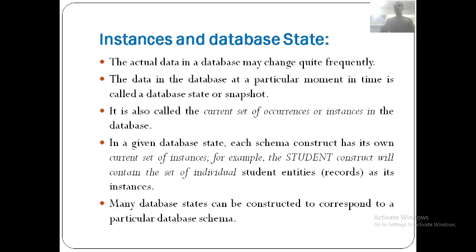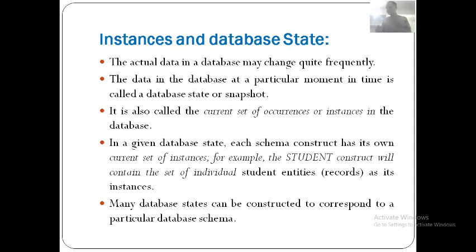Now, after a few minutes, I am going to add 10 more values. 3 plus 10 gives 13, so 13 values are there in that student table. That is called the instance at that moment. When you take a particular time, the values present in the table at that time are called the instance.